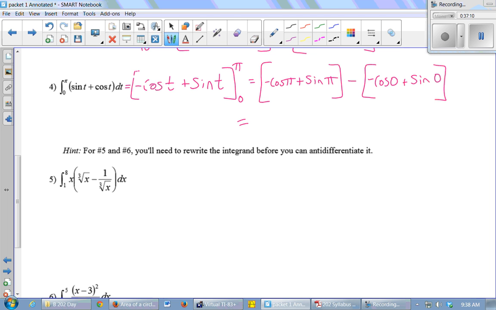So this is negative negative 1, which is 1. What's the sine of pi? 0. And the cosine of 0 is 1. So this is negative 1 plus the sine of 0, which is 0. This is 1 minus negative 1, which is 2.